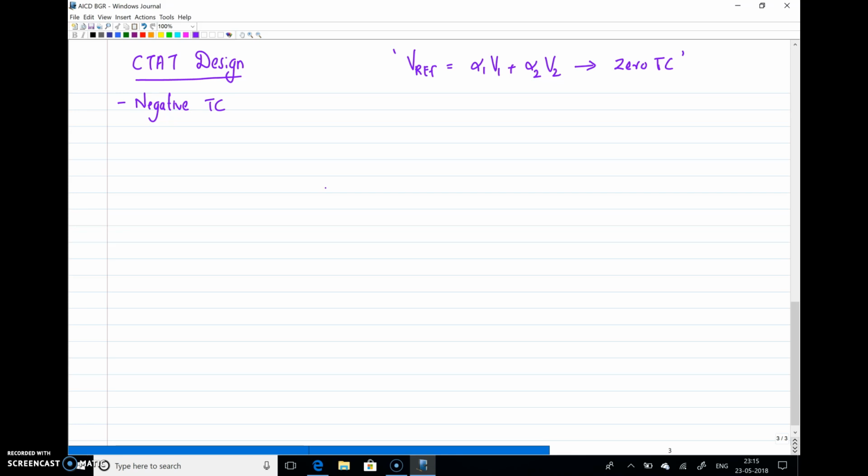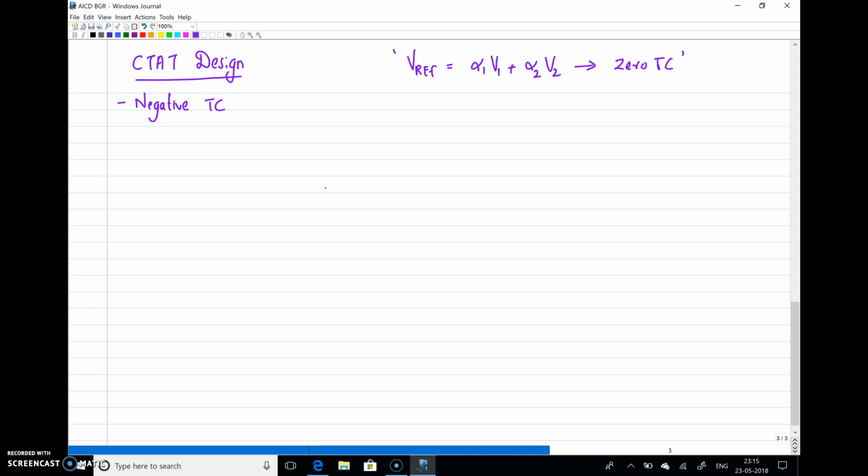Among various device parameters in semiconductor technology, the characteristics of diodes or bipolar junction transistors are the most reproducible and well-defined quantities that can provide positive as well as negative temperature coefficient. So in order to get CTAT as well as PTAT behavior, we will be designing circuits based on diodes or BJTs.